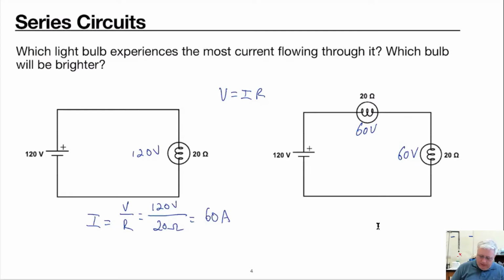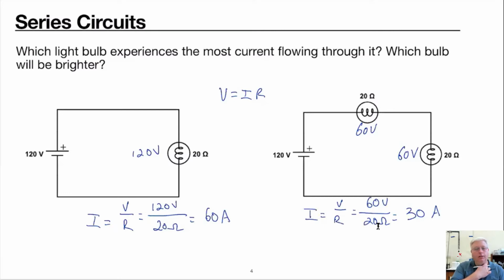Okay, and then we could find the current flowing through each bulb in the other circuit, V over R. This time each bulb will use 60 volts, and they each have 20 ohms of resistance. So here the current is 30 amps.